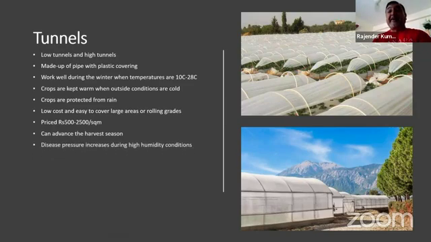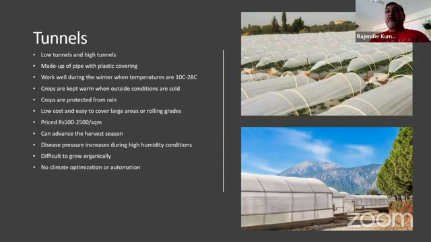But again, the issue is that during the summer or rainy period you have high humidity and high temperature inside the tunnel, so they are not suitable for the summer and rainy season. Also, it is difficult to grow organically.